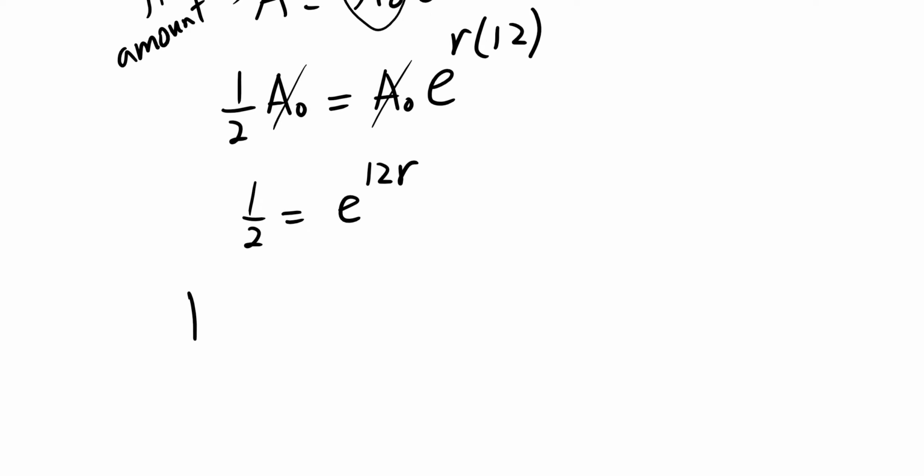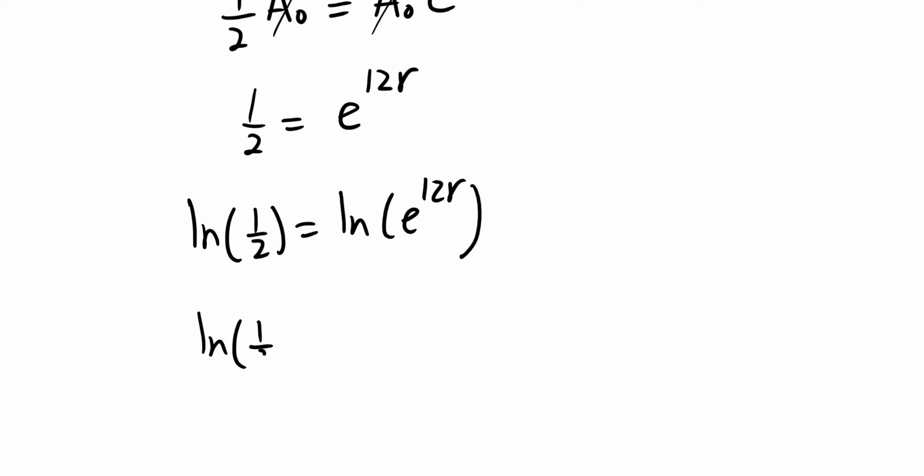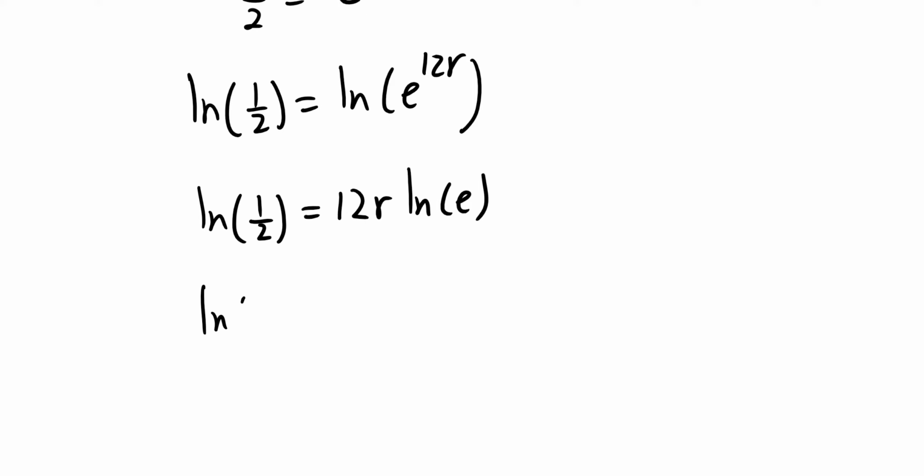Then take the natural log of both sides. Keep this the same. Bring the 12r down, natural log of e. What's the natural log of e from previous sections? Every student should know this. It's 1, so that just gives me 12r on the right side.